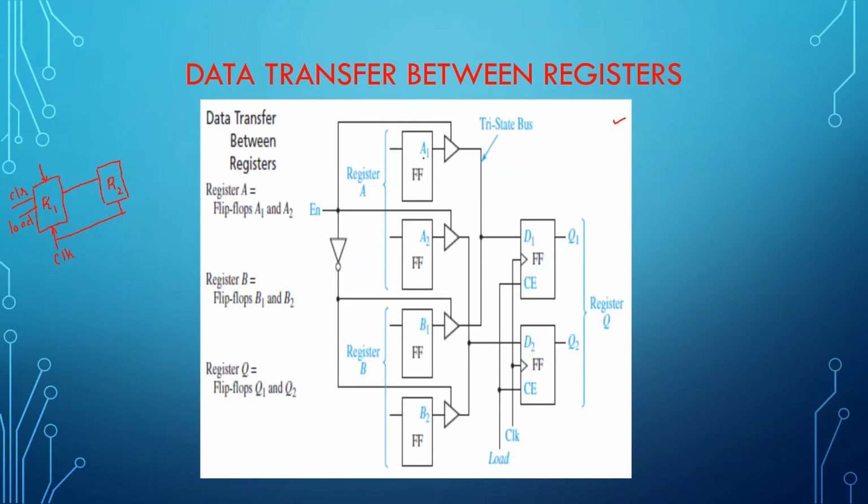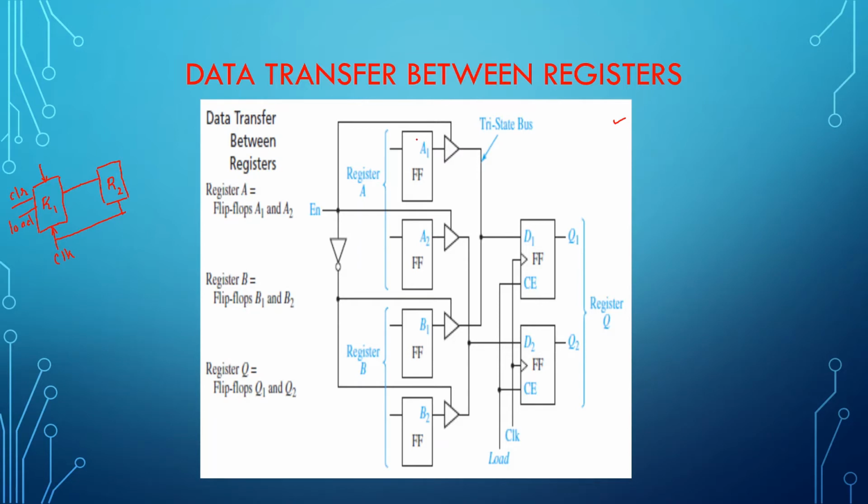For your reference, these are my first registers. Whatever R1 I have drawn here, those registers are A1, A2, B1 and B2. So this is my first set of registers. Or let's say that this can be a flip-flop also.